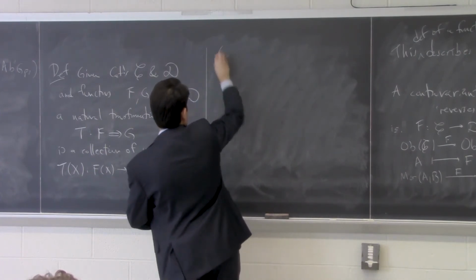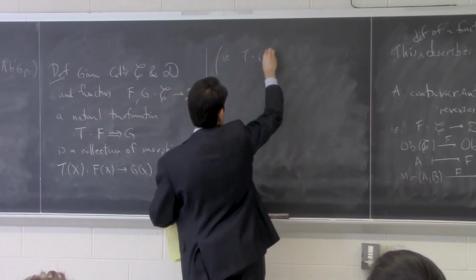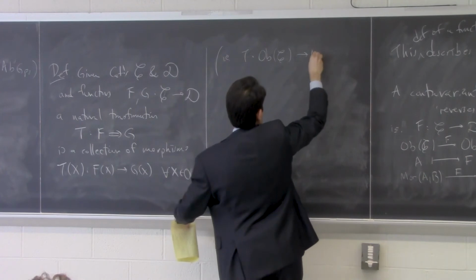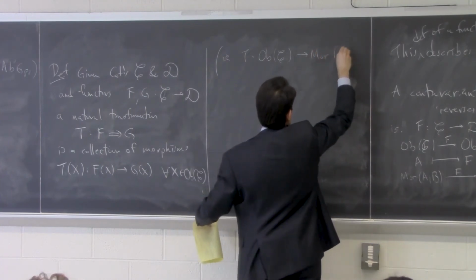So really what we have is a map from objects in C to morphisms in D.